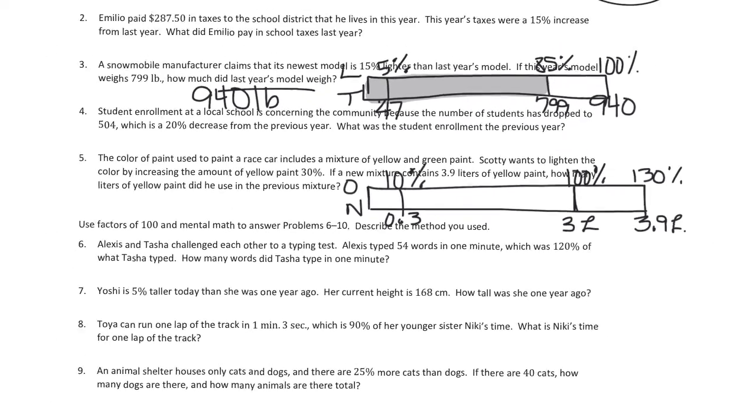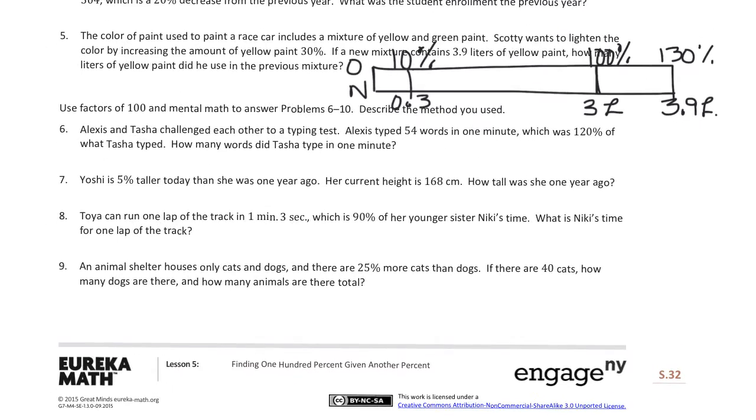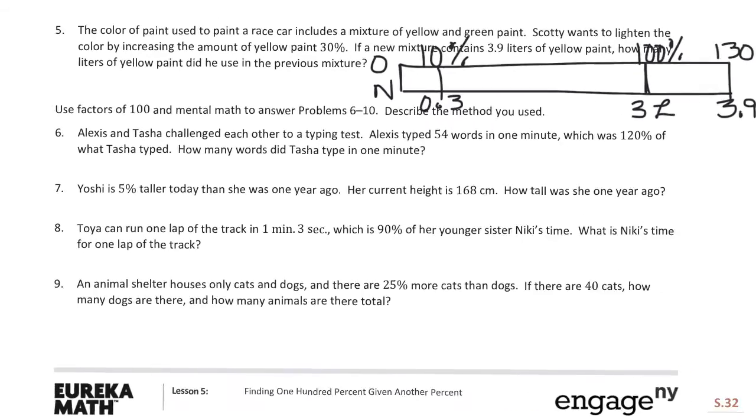Okay. Now on the next set of problems, it asks us to use some mental math strategies to think through problems. So on number 7, Yoshi is 5% taller today than she was a year ago. Her current height is 168 centimeters. How tall was she 1 year ago?